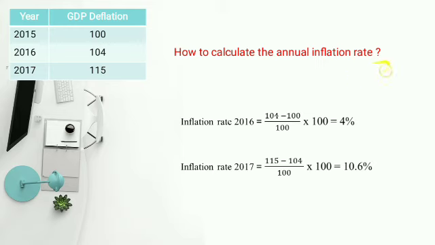The inflation rate in 2017 is 115 minus 104, divided by 104, times 100, which is 10.6%.